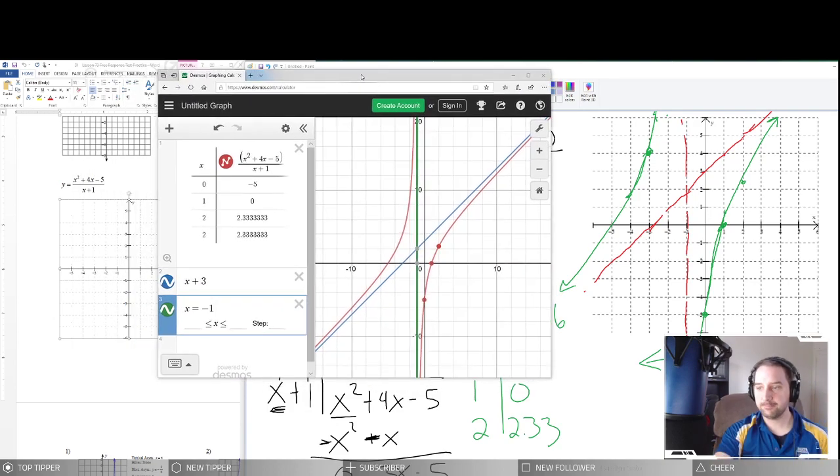Comments, questions on that? So like I said, I would just use a calculator to find these plotted values. I wouldn't waste my time doing everything by hand.